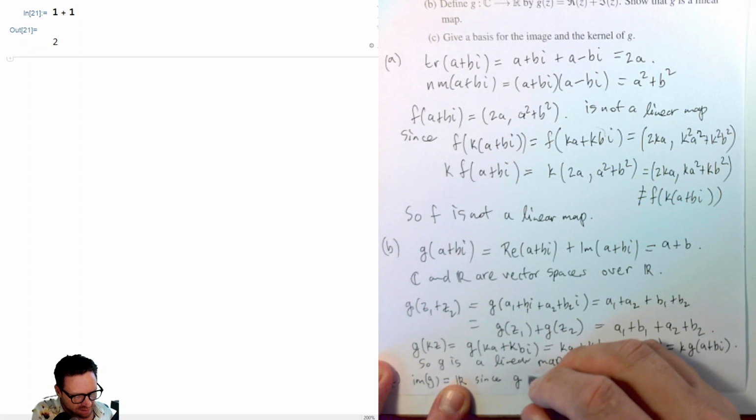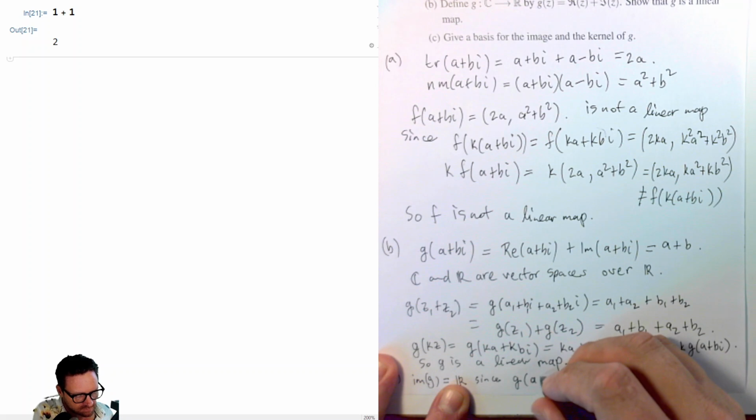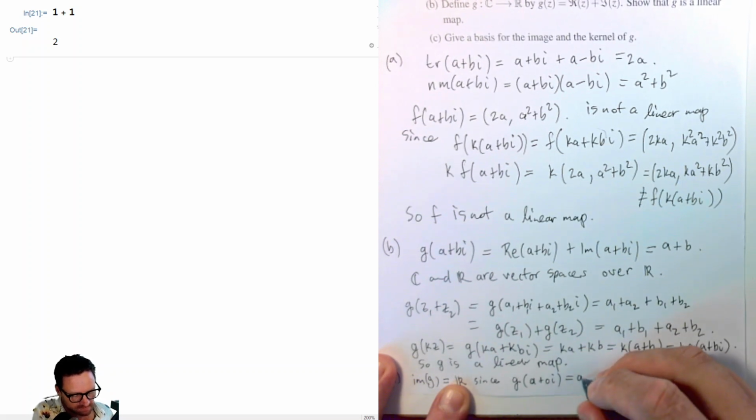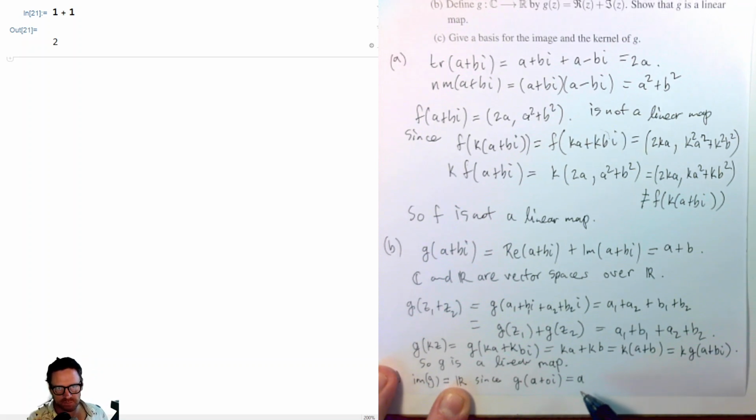So since G of A plus 0i is equal to A, if I took an arbitrary element of the real numbers A, then this is the element of the complex numbers that it came from.